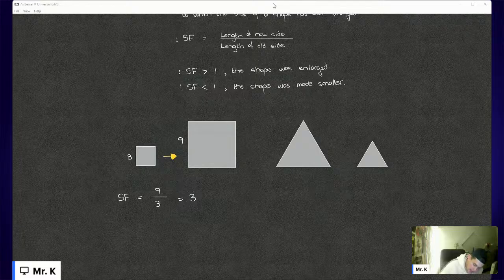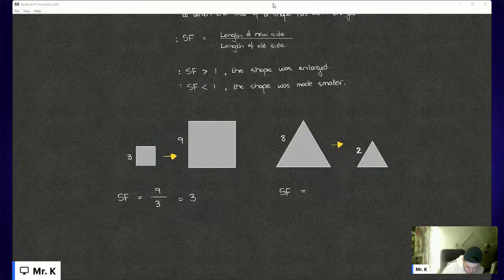Again, let's say I had sides that were originally 8 units each, and now they've shrunk down to 2 units each. We're moving in this direction. Our shape has been dilated, but that's not good enough. We need to know if it's been enlarged or made smaller. So we're going to go ahead and calculate our scaling factor.